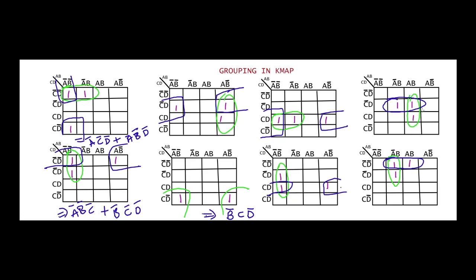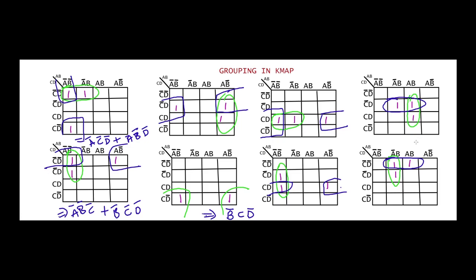So in this case you have 3 ones. So if you have 2 ones here, I can group this, and after grouping this 2 ones, only this one will be left over. So if I group this one as a single one group, 1 literal will be more in my solution.